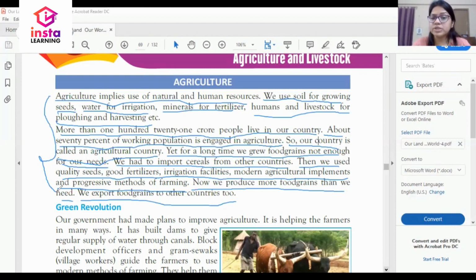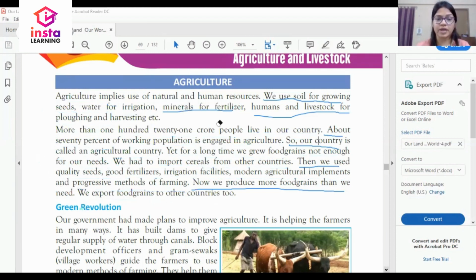We had to import cereals from other countries because we did not have enough resources to produce cereals. Then we used quality seeds, good fertilizers, irrigation facilities, modern agriculture implements, and progressive methods of farming. Now we produce more food grains than we need. We export food grains to other countries too. Dear student, this is all about agriculture.